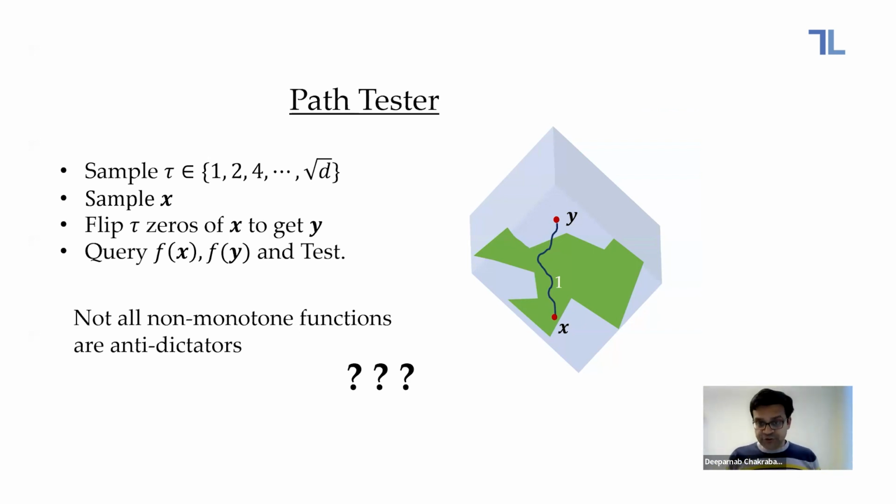Seshadri's talk will cover that: the first talk will be about the proofs, beginning with the hypercube and then going to the hypergrid domain. So my goal is to tell you what these structural theorems are and why they are useful for the analysis of the path tester. That's the agenda for today.